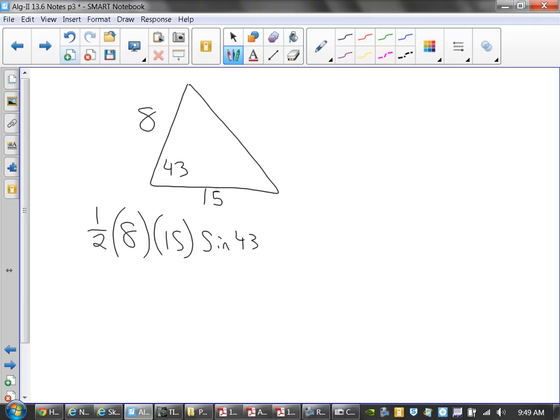So side angle side, you'll use this one. With all three sides, you use the S one. S just equals A plus B plus C over 2, so it's the average.